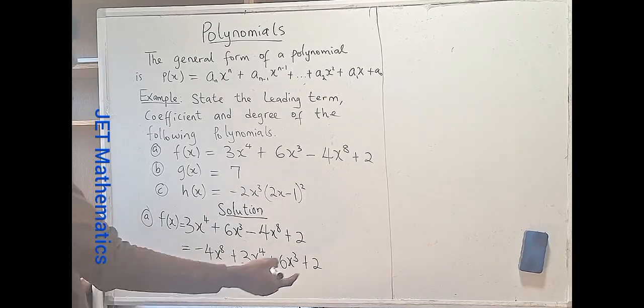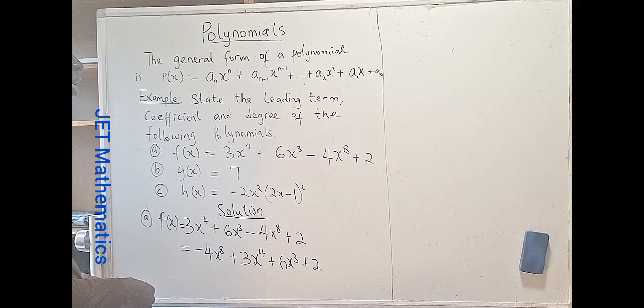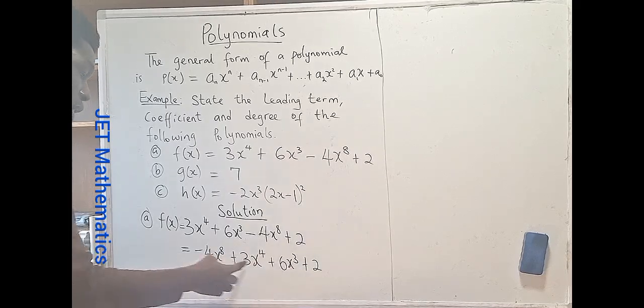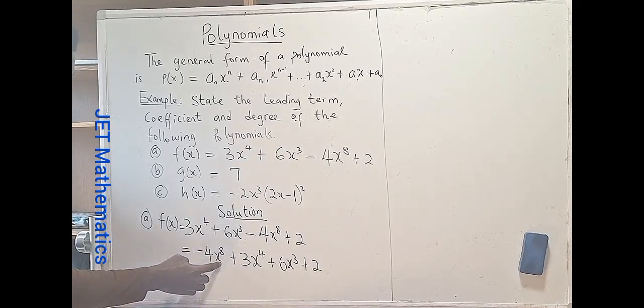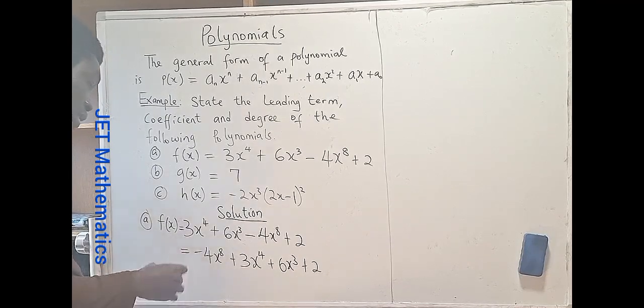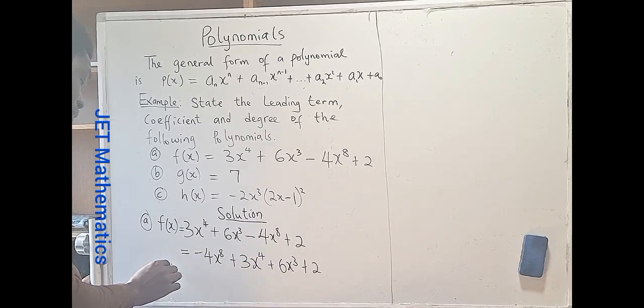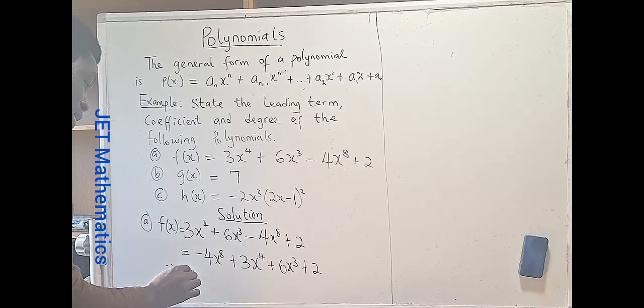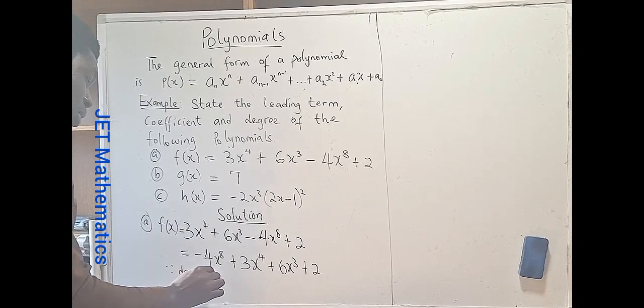So with this, we can get the degree. The degree is the variable with the highest power, which is x to the power of 8. So the degree of this polynomial is 8.